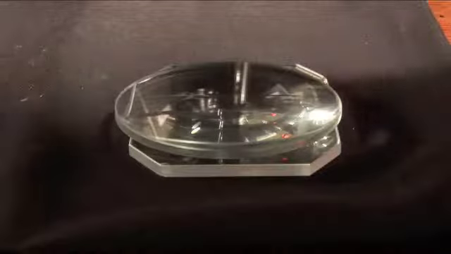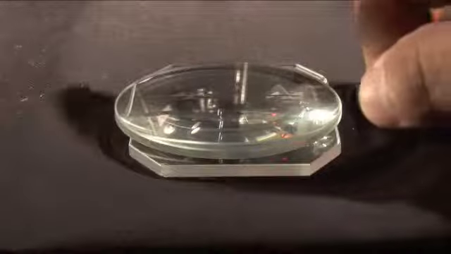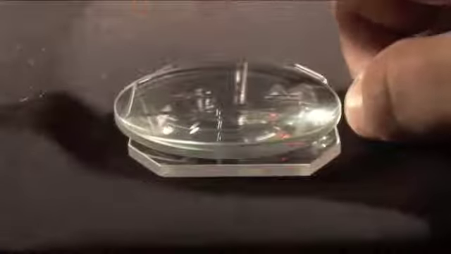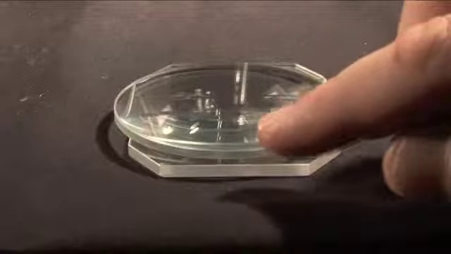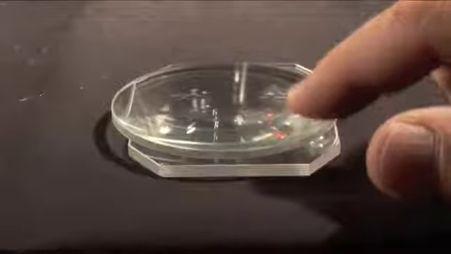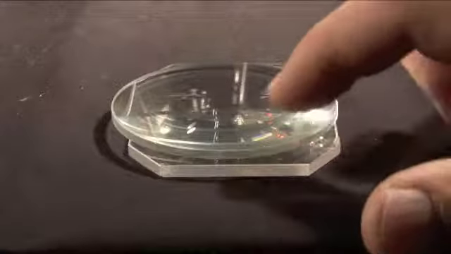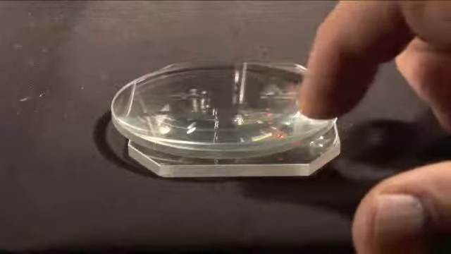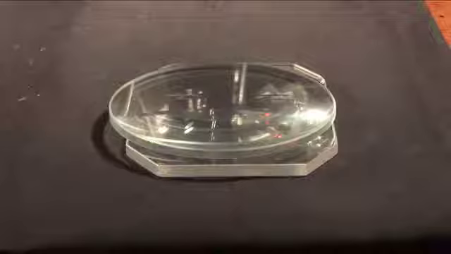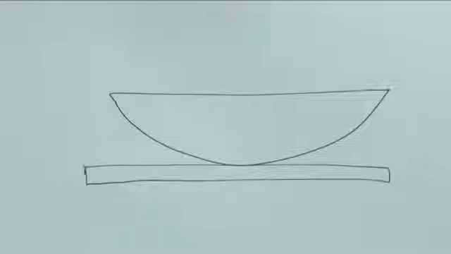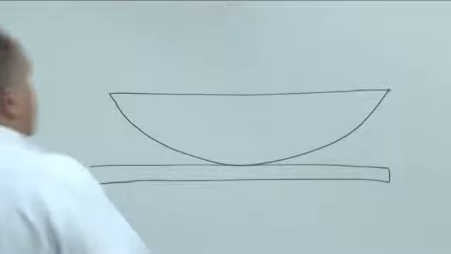So light is going to come directly down on top of this lens, on top of this piece of glass, and we'll see what happens to the light in theory now. So what's happening in this experiment?